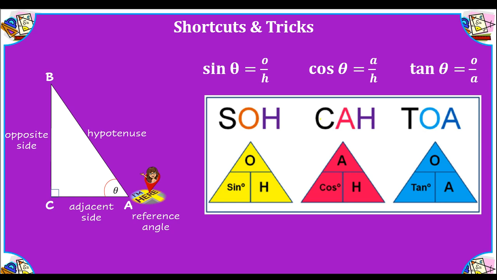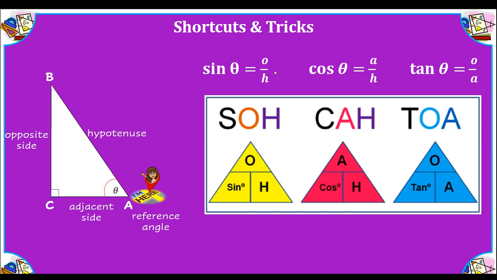CAH is cosine is equal to the adjacent over the hypotenuse. And then our last one, the TOA part, is tangent is equal to opposite over adjacent. So SOHCAHTOA can help you remember which ratios go with which trig function.